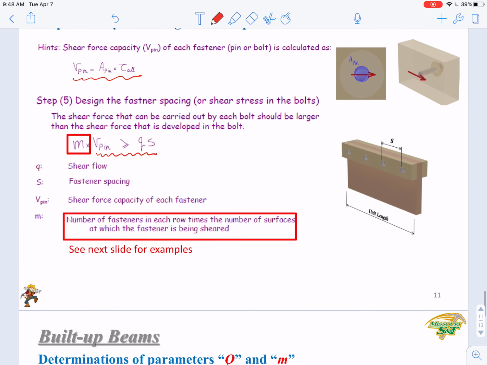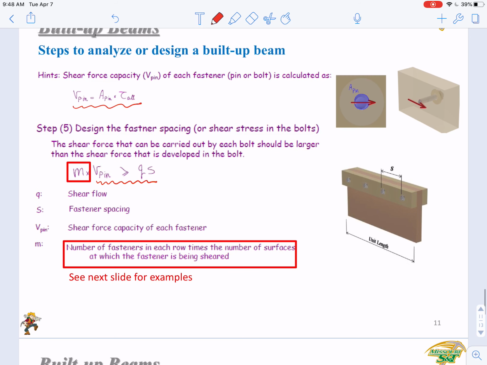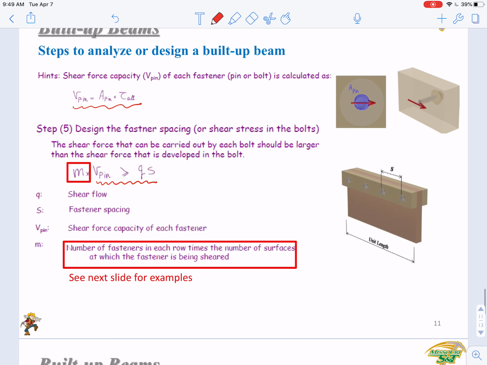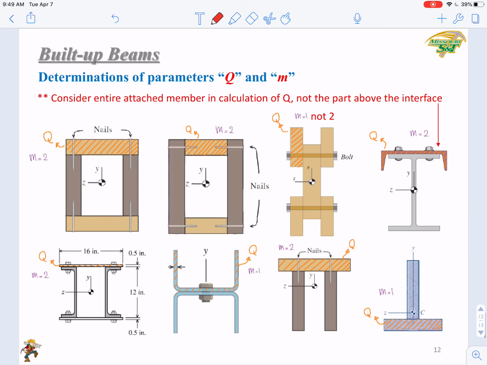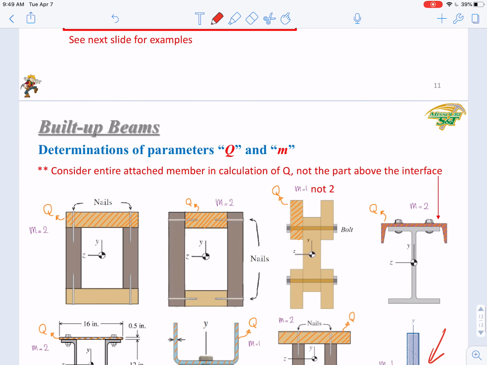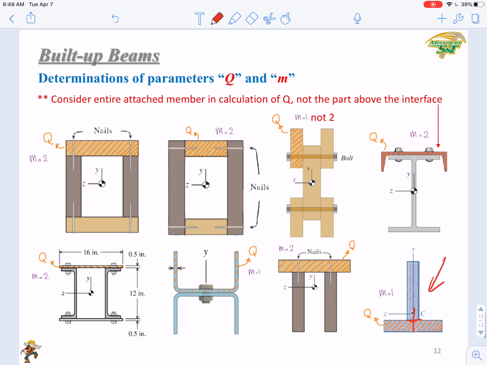You can see the M is the number of fasteners in each row times the number of surfaces at which the fastener is being sheared. You can see in this case, you have these two components connected by one row of bolts, and one surface will be sheared, so the M value is just 1.